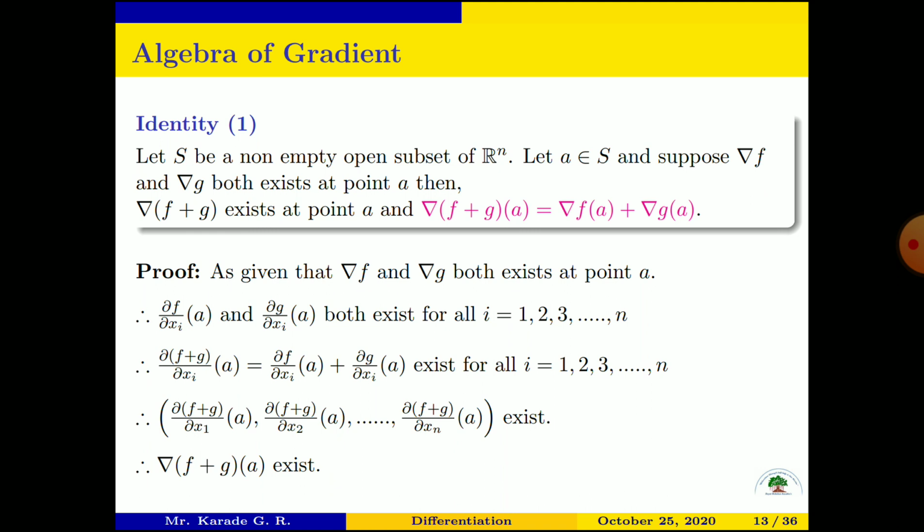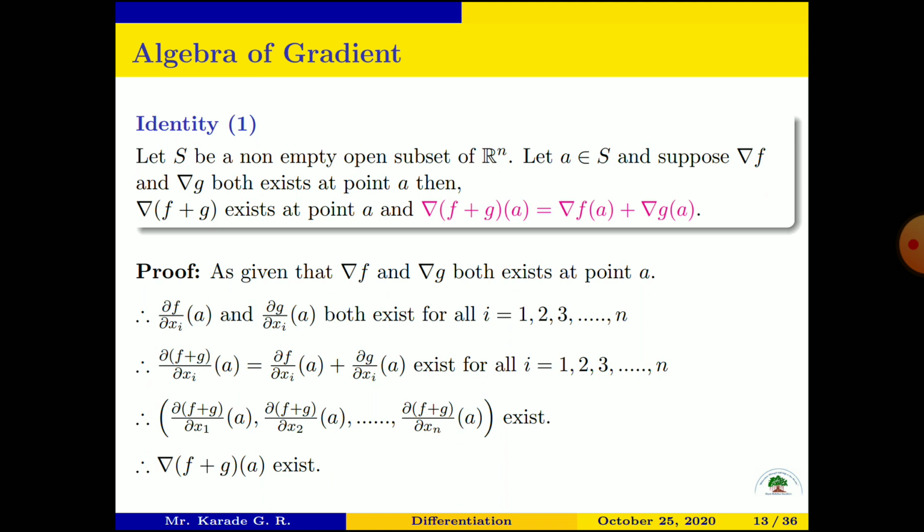As given that gradient of f and gradient of g both exist at point A, therefore we can say that partial derivative of f with respect to xi at point A and partial derivative of g with respect to xi at point A both exist for all i equal to 1, 2, 3 up to n.